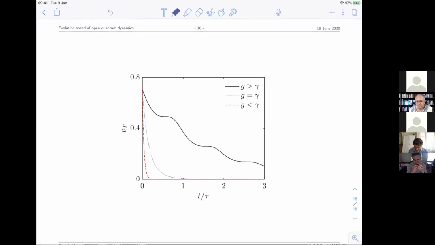Let's say we take a fixed value of t over tau, say 1. We fix that, and we fix gamma, but we now vary g from a high level through the critical point to 0. Is there a sharp drop-off at the critical point, or is it quite smooth? That is, how sensitive are we really to g?